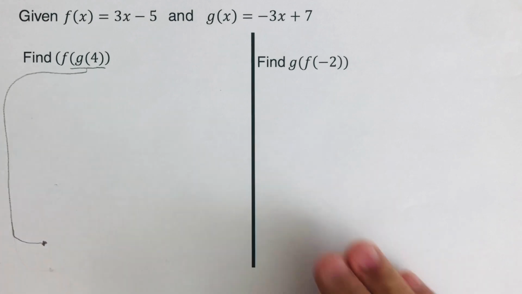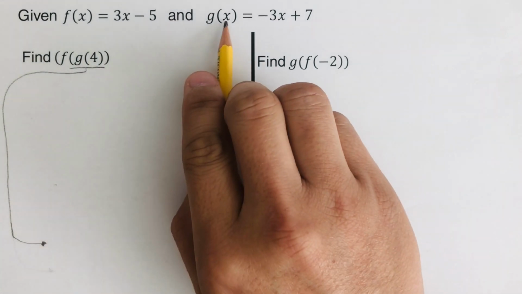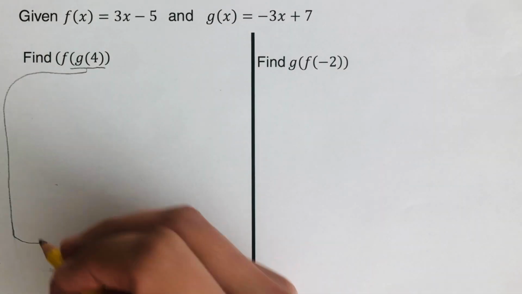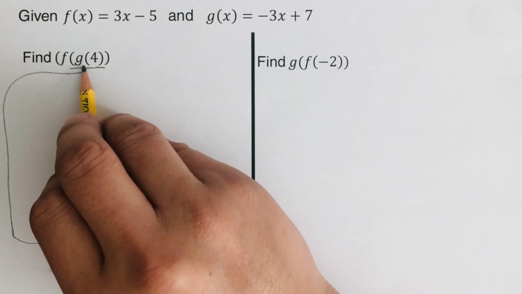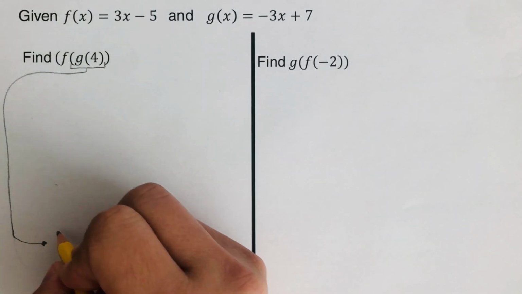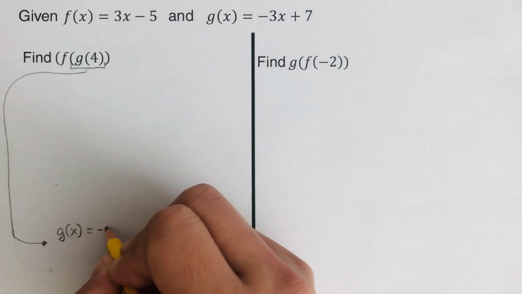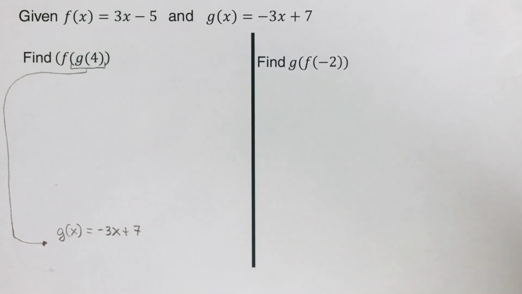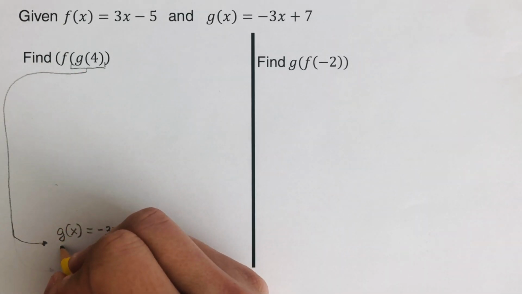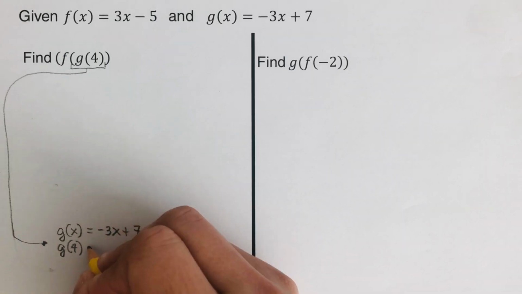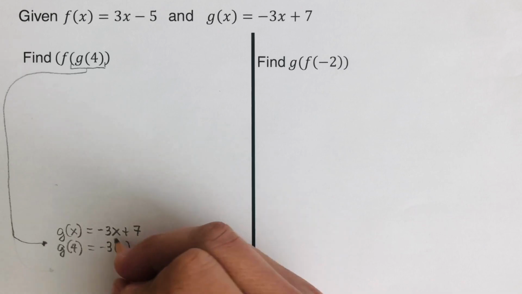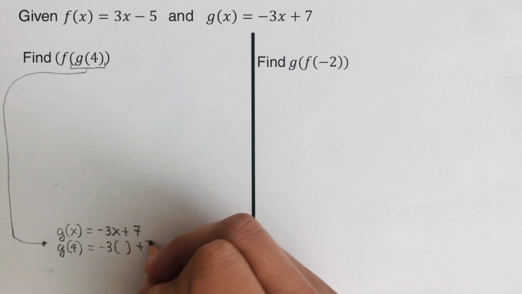We are going to use the g of x here, but instead of putting x, we're going to use 4. So I'm just going to write the g of x, since we're solving for this part only. Since it's g of 4, I'm going to write g of 4 is equal to negative 3, then I put the x as 4, plus 7.